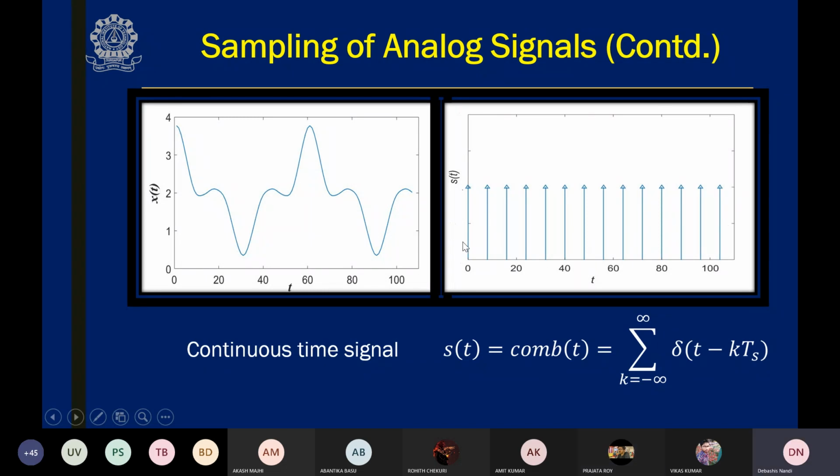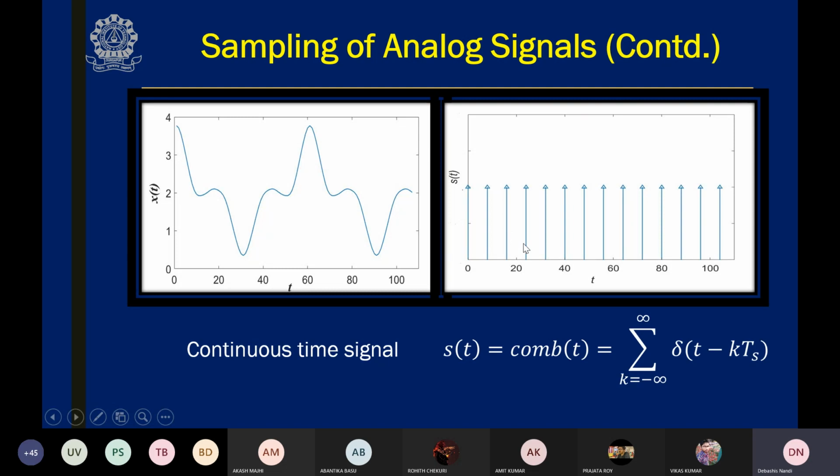Delta t means one sample value at t equal to 0. Then delta t minus Ts means one sample value at the time instant Ts. Then delta t minus 2Ts means a single sample at 2Ts. Single sample means actually a single delta function.